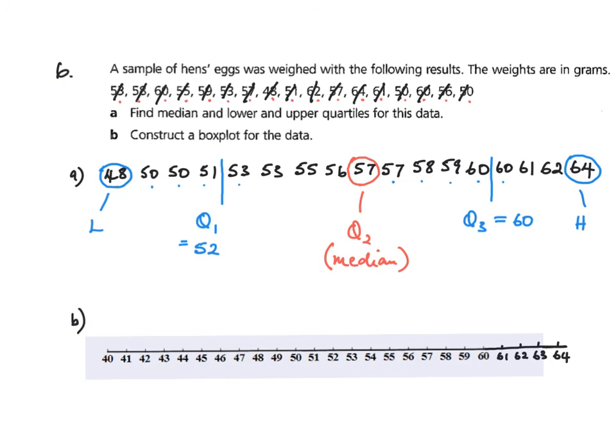So, here's my number line. This is a number line that I found on the internet, which I've adapted. You would normally draw something like this and number it. So what we have here is weights in grams. You should always label the axis. Now I have the smallest value is 48, the largest value is 64, and I have a value at 52, a value at 57, and a value at 60.